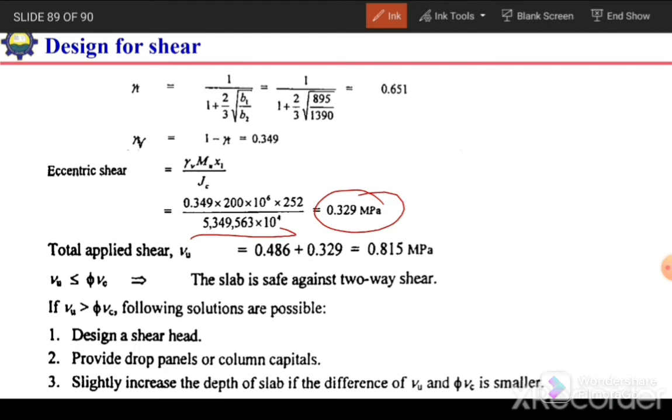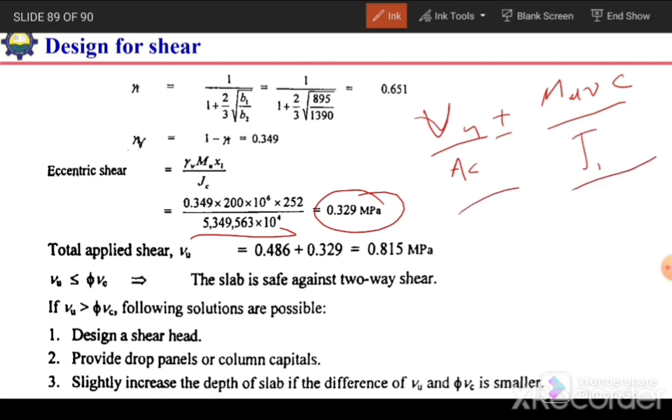The total applied shear will be equal to VU over AC plus minus MUV C over JC, meaning indirect shear and direct shear. Definitely if we subtract, it will give us the low value.